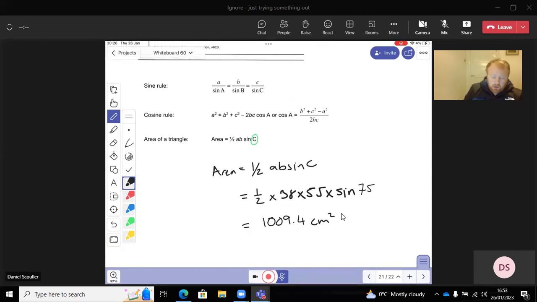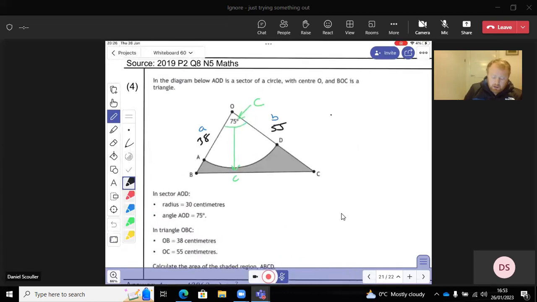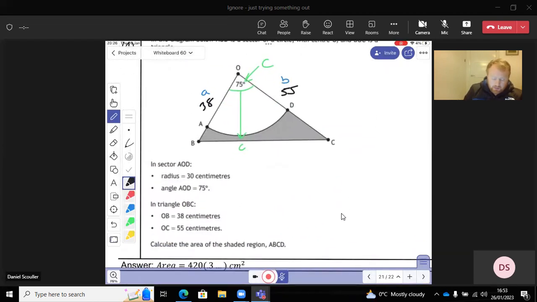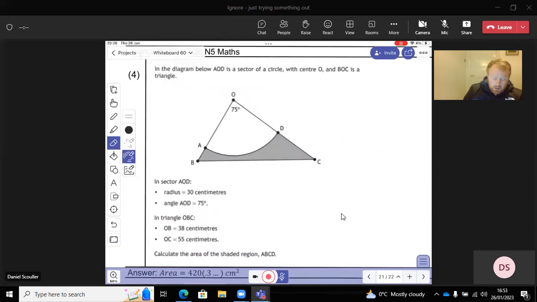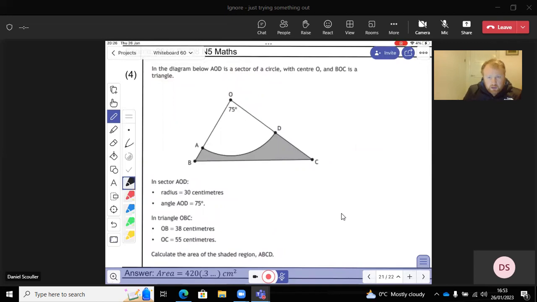Now, that's not immediately obvious, but we're given a radius of 30 centimetres. Let's look at what it says and just make sure. In the diagram below, AOD is a sector of a circle, so we can use a sector equation.